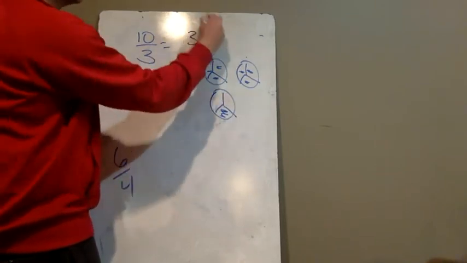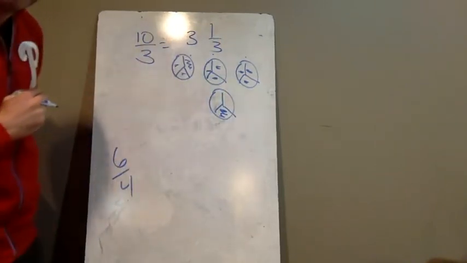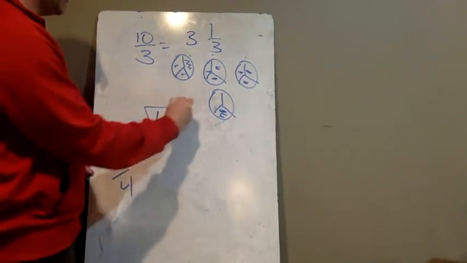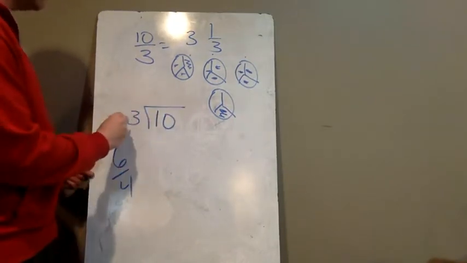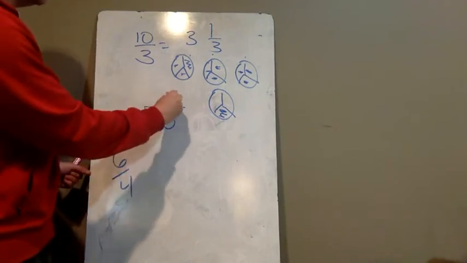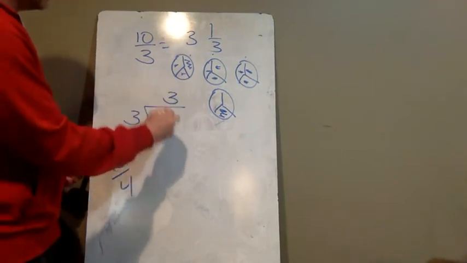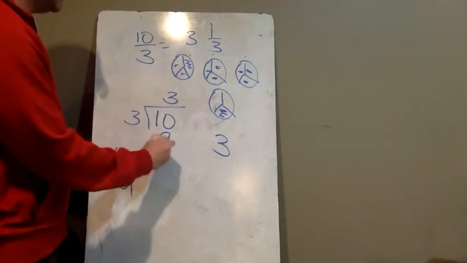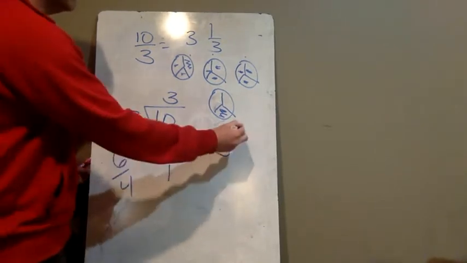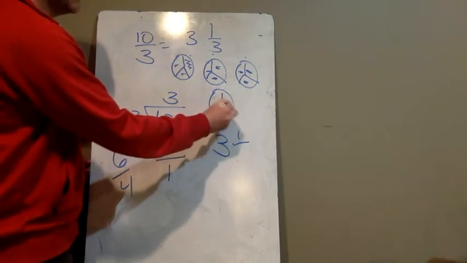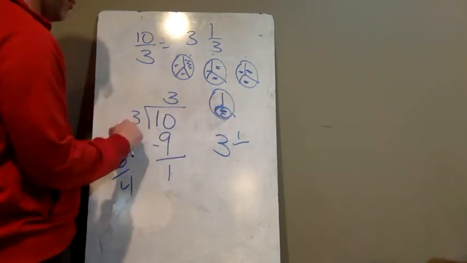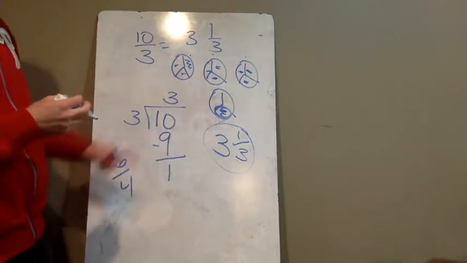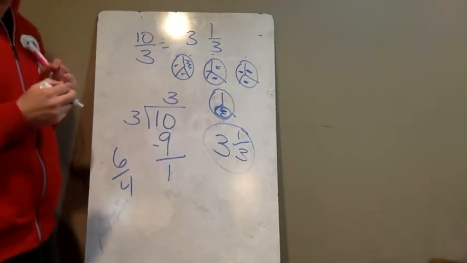So 10/3 is the same as 3 and 1/3. We could also say numerator divided by denominator. How many times does 3 go into 10? 3 times. That's my whole number. 3 times 3 is 9. What's left over? 1 is left over, out of 3. 3 and a third is the mixed number, and 10/3 is the improper fraction.